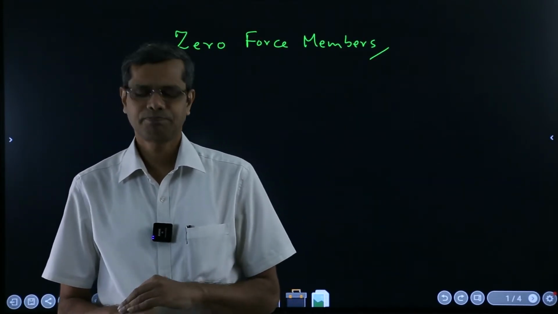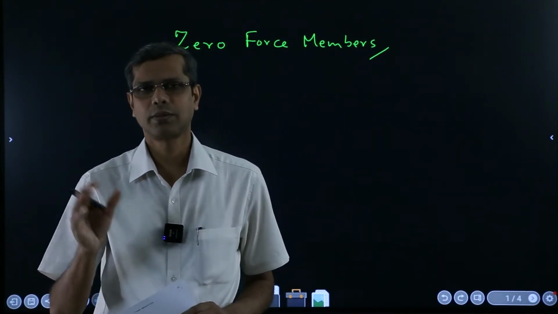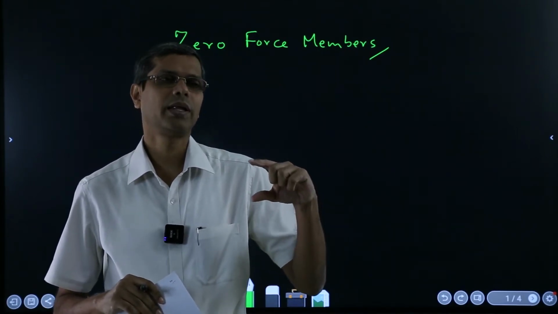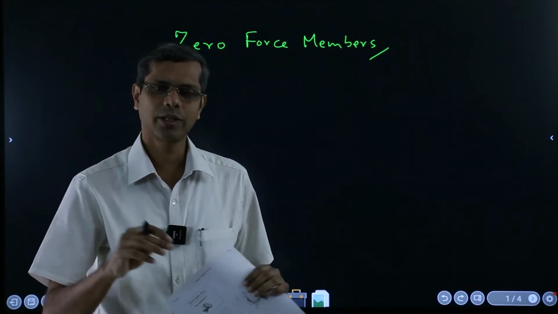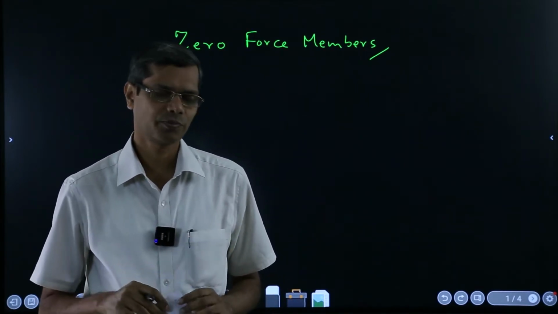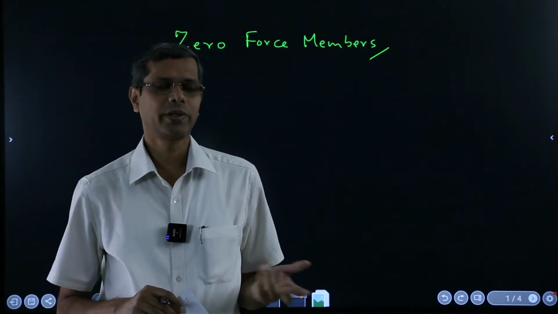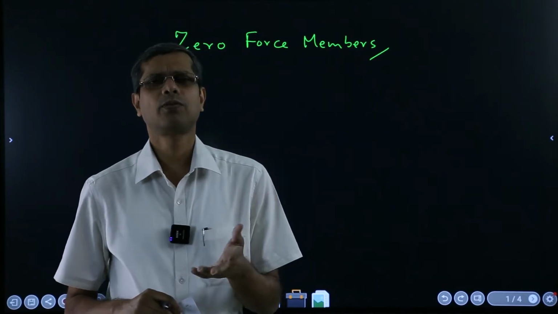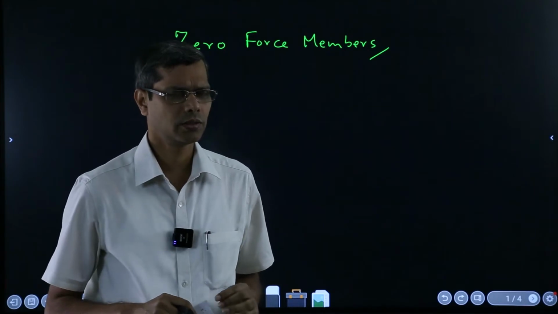See, we discussed that when we analyze a truss under some loading, all the members are two force members anyways, but they will have some compressive force along them or some tensile force. But it is also possible that in a particular condition of loading some of the members will not have any load, right?